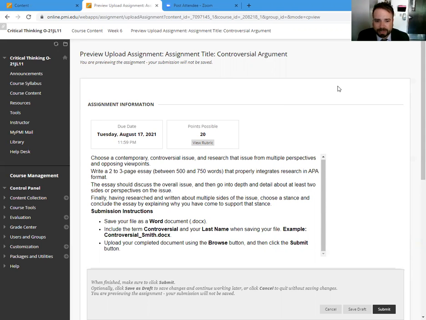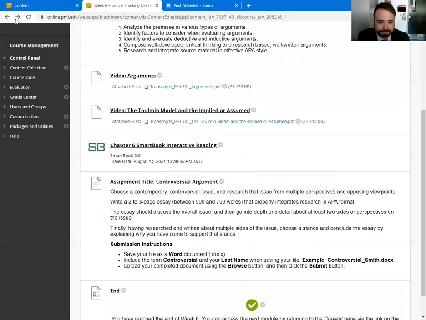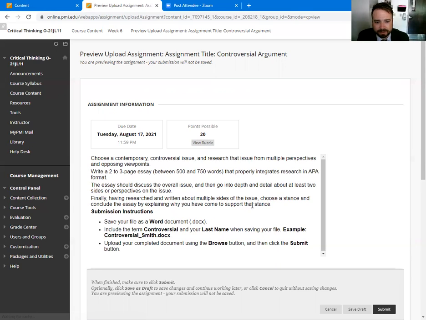The last thing I really want to highlight with this assignment is this final paragraph where you are choosing your stance, essentially your opinion. It needs to be your opinion based on evidence and research. The idea is not that you did all this research and then you're like, yeah, but I still just think however I thought in the first place.